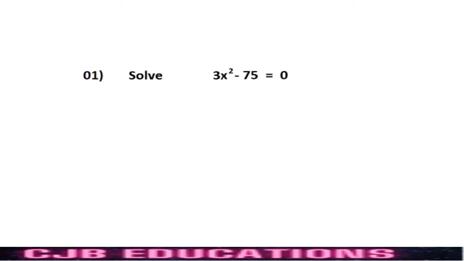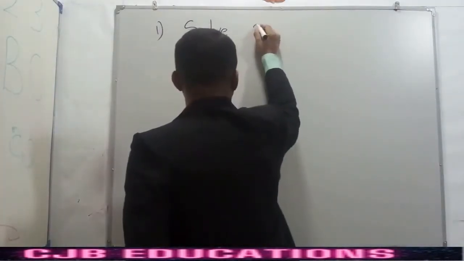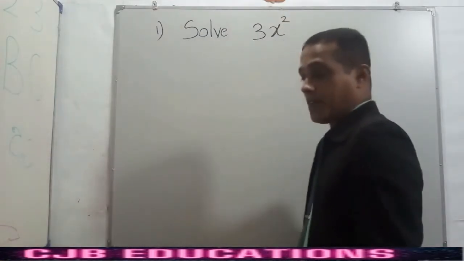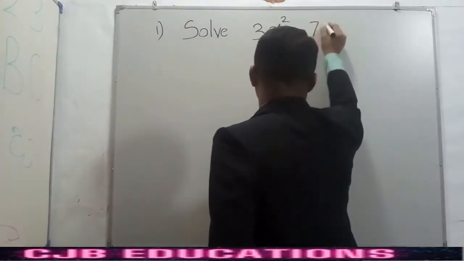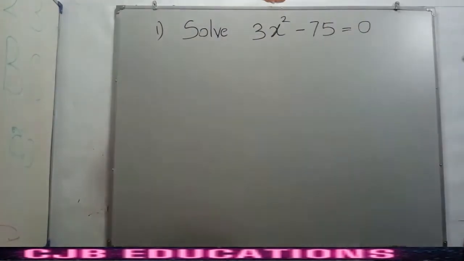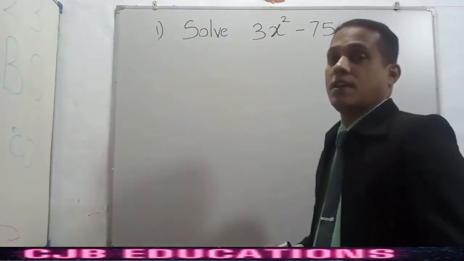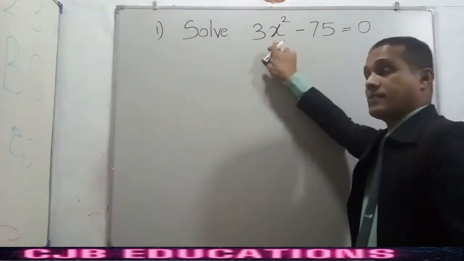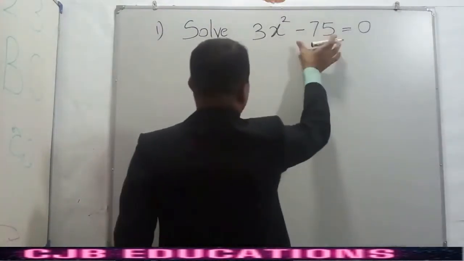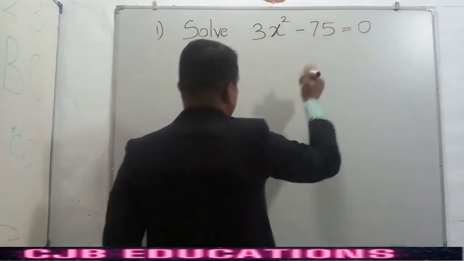First question. Write down this equation: 3 times x square minus 75 equal to 0. If we want to find this x, then we first move this minus 75 to the other side.